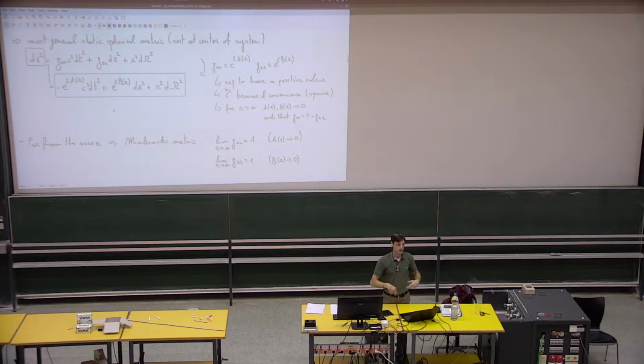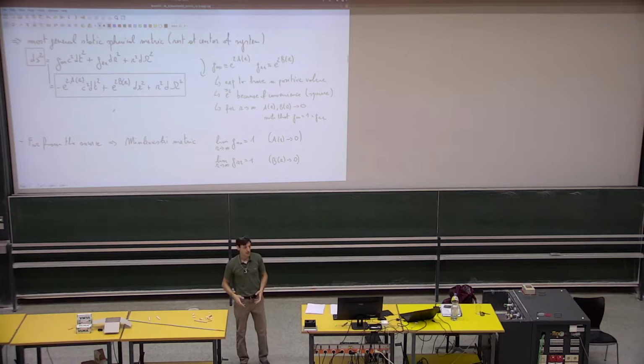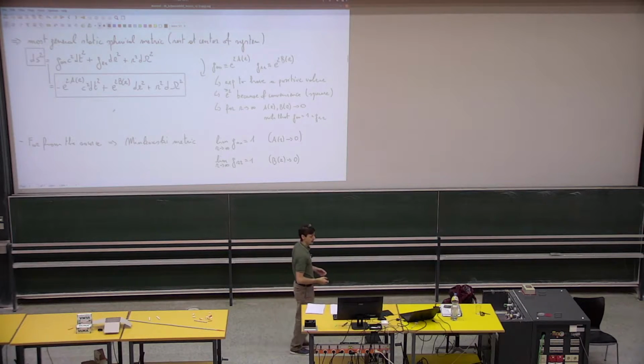Okay? This also already proves something that we have seen in the previous lecture when dealing with gravitational waves, meaning that a spherically symmetric system cannot produce gravitational waves, because the metric looks like that. And there is not something of the sort of the perturbation that we have seen in the previous lecture. Okay?